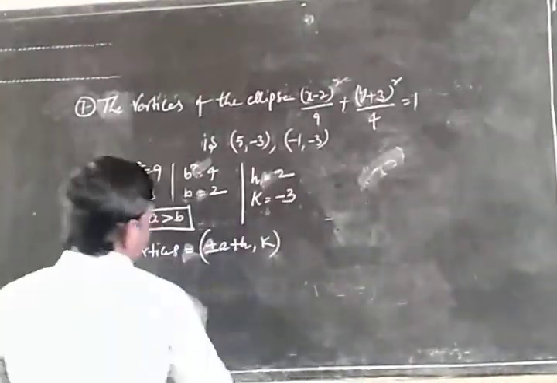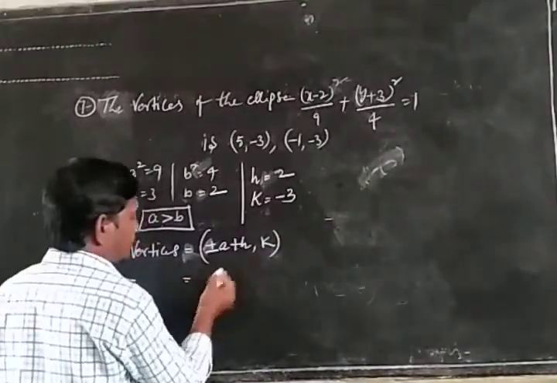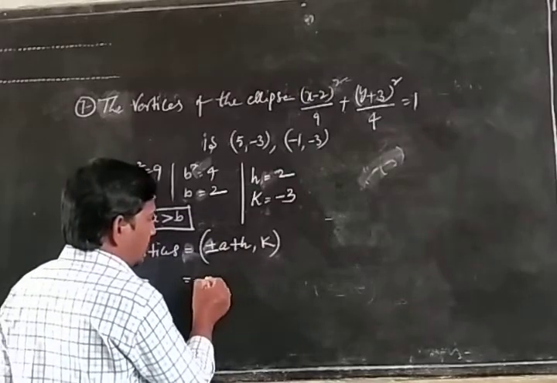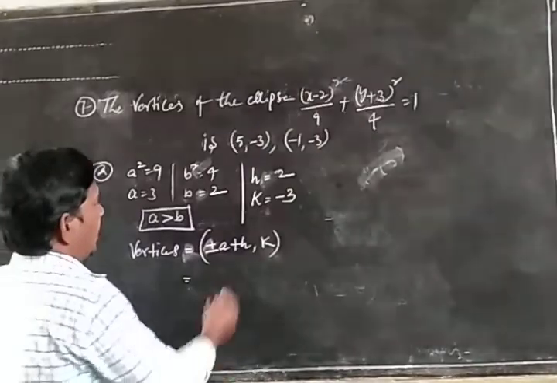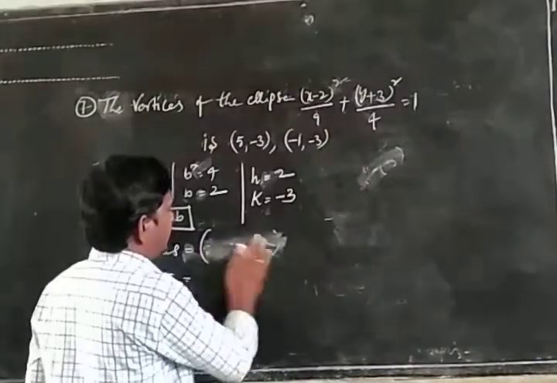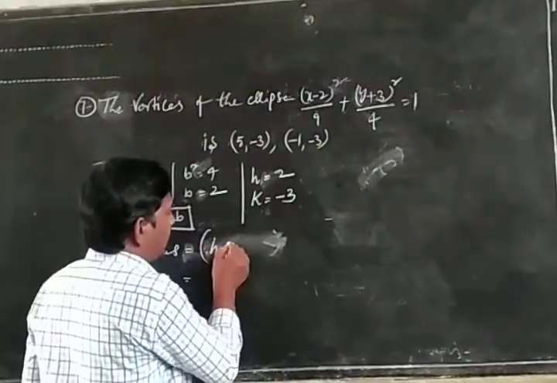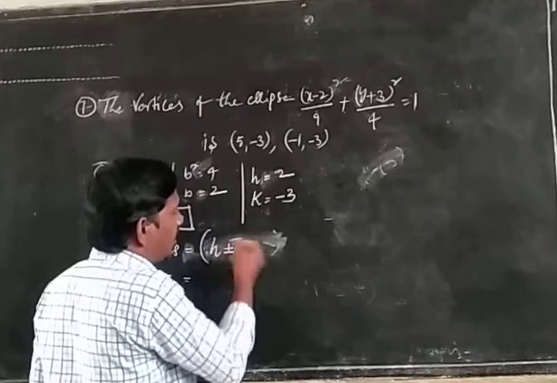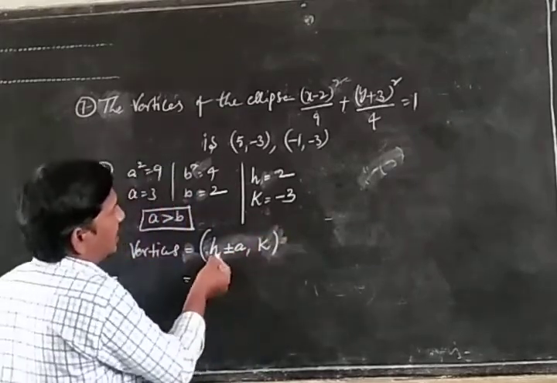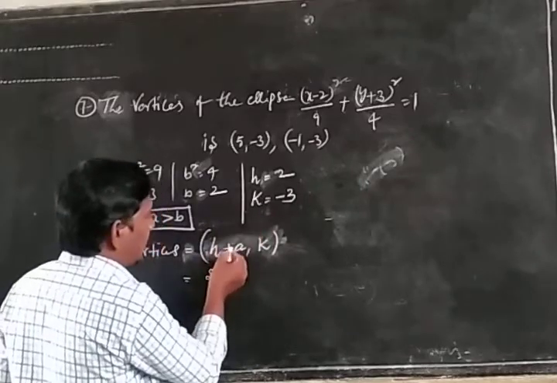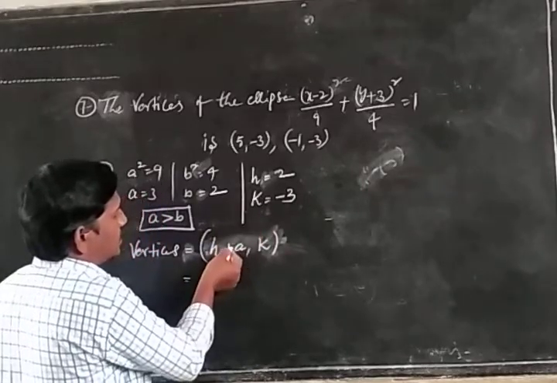So now, you can write h plus or minus a comma k. The h value is 2, plus a.